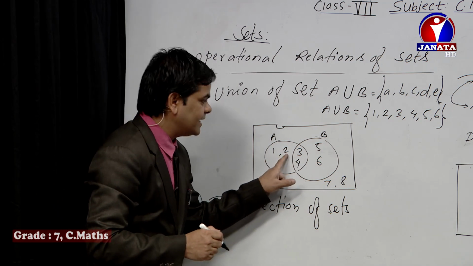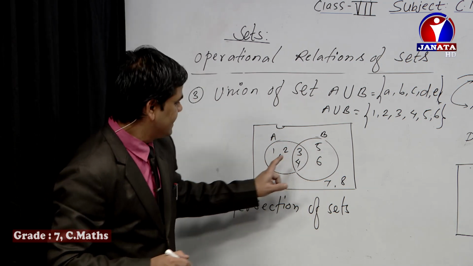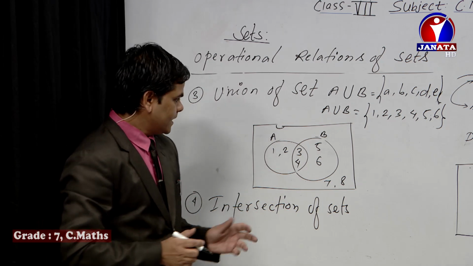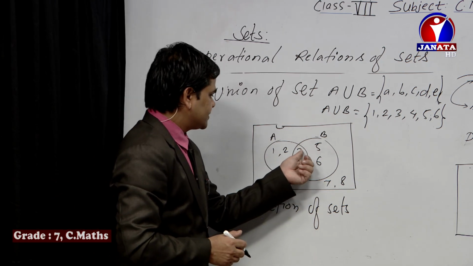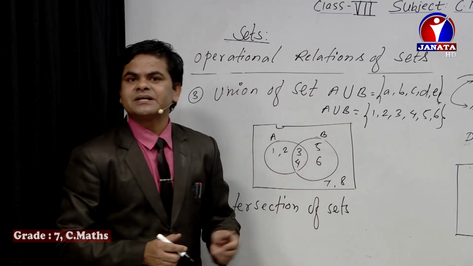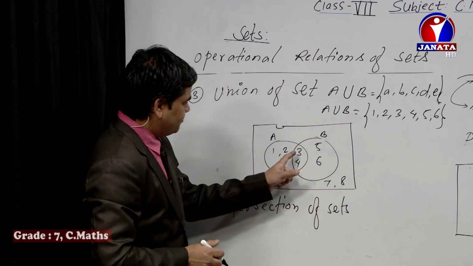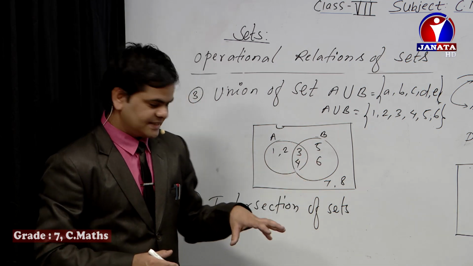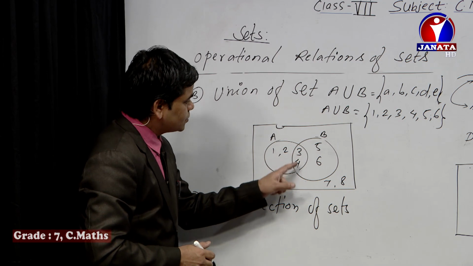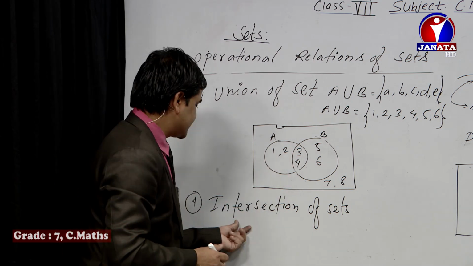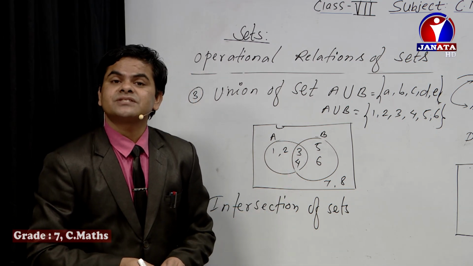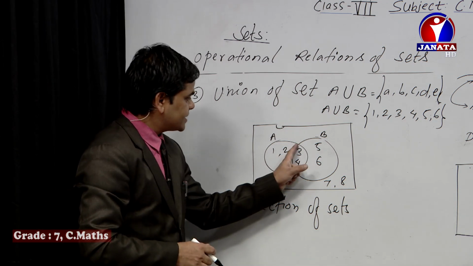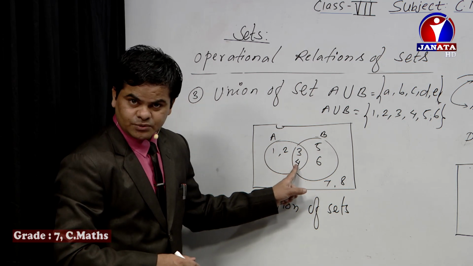Not only 1 and 2 are the elements of set A, 3 and 4 are also the elements of set A. And similarly, dear students, 3, 4, 5, 6 are the elements of set B. They are common to each other. They are similar to both the sets. So these two, which are common elements in both sets, are known as the intersected elements. This place is the intersection. A intersection B we represent with this area.